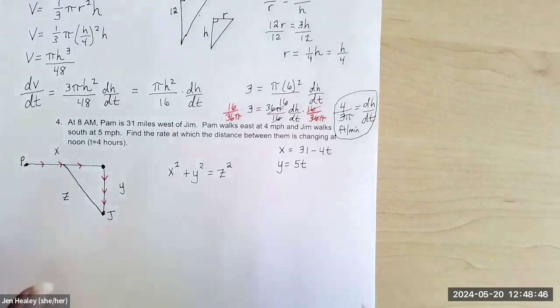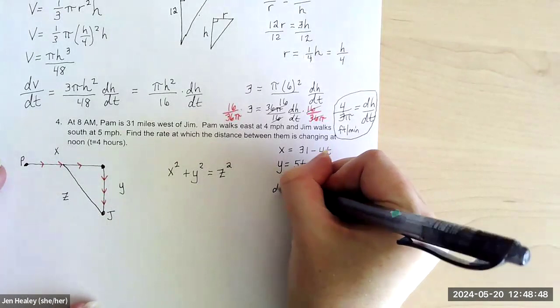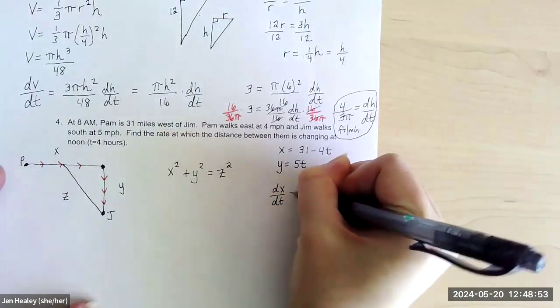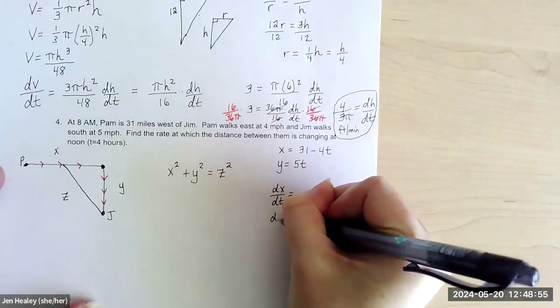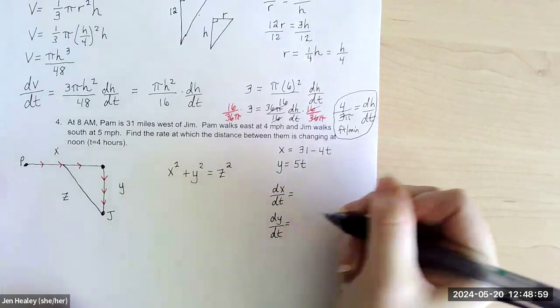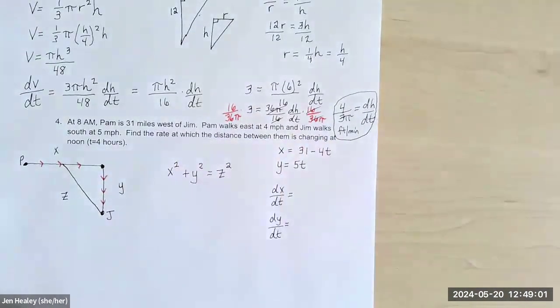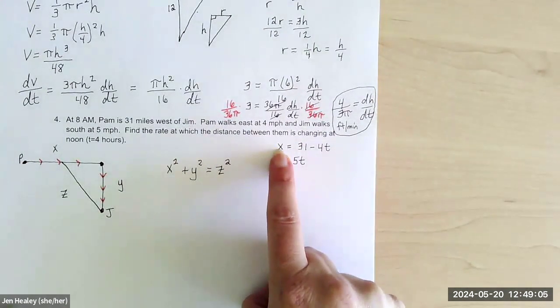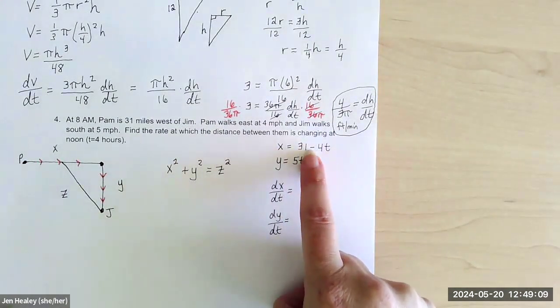So if we have to write a dx/dt and a dy/dt, we're actually looking at these two equations up here to write those things. So for dx/dt, that's a constant, so that'll become a 0, right?